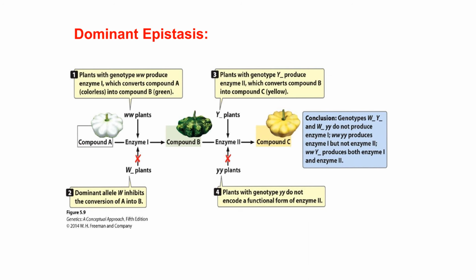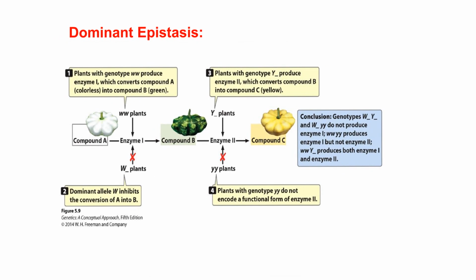Now let's look at the example of summer squash. Summer squash comes in three colors: white, green, or yellow. Now, the synthesis of the pigment is controlled by biochemical pathways where two enzymes are active.